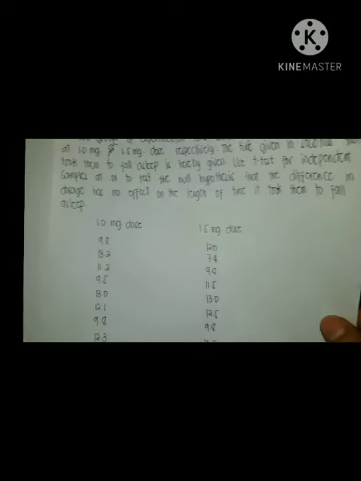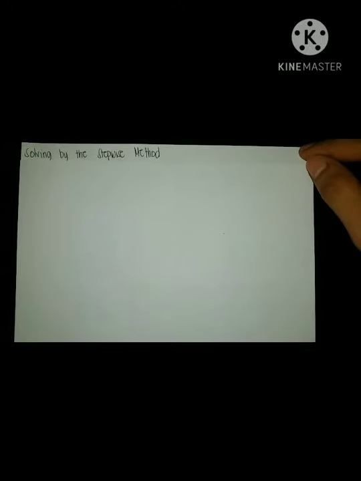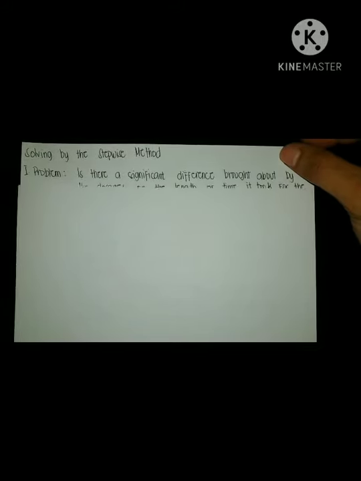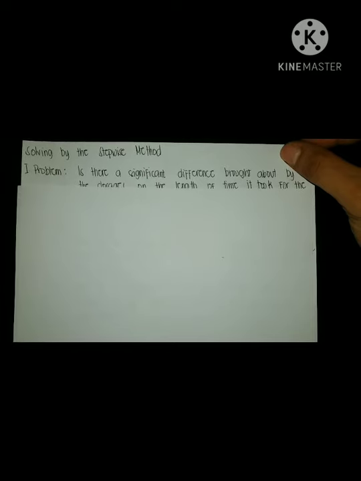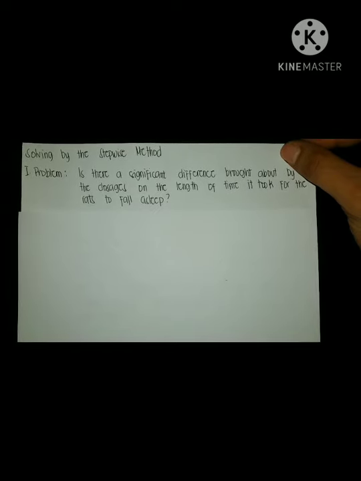Then, let us solve using the stepwise method. First is to state our problem. In our example, the problem is: is there a significant difference brought about by the dosages on the length of time it took for the rats to fall asleep?